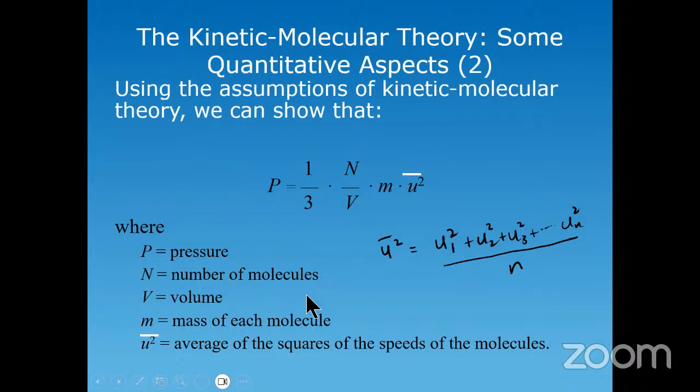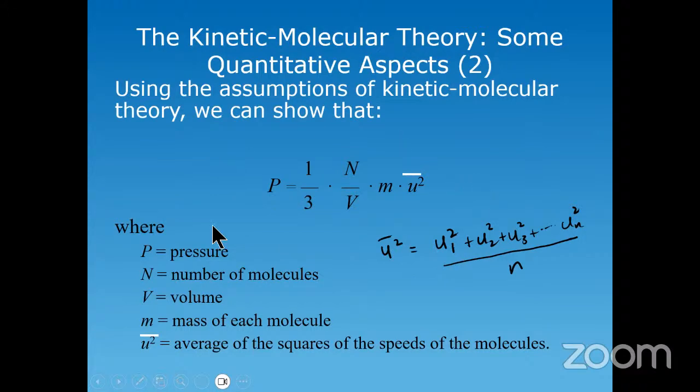So basically we can make some inferences in terms of what pressure is dependent on. So for example, the greater the number of molecules, the greater the pressure. The heavier the molecules or the greater the mass, the greater the pressure. The greater the speeds of the molecules, the greater the pressure. And the greater the volume, the lower the pressure. So those are just some relationships we can identify.